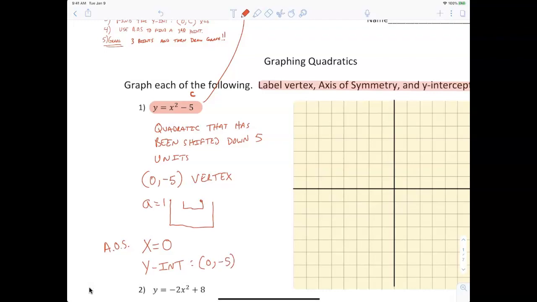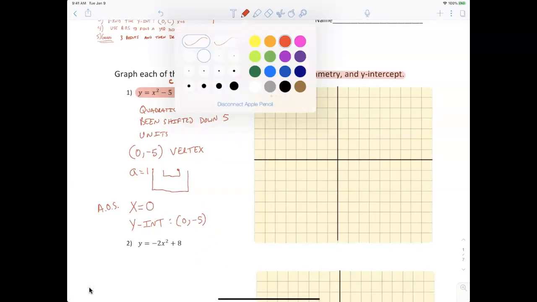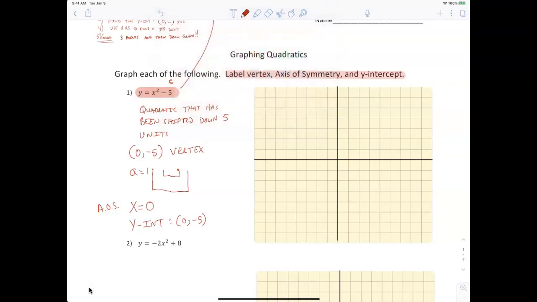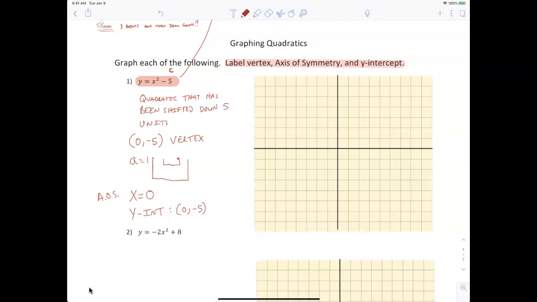So what I want to do is show you how we can graph this easily. This is really where I need you to concentrate and listen. First and foremost, we said that the graph is x squared shifted down 5. I'm going to put some points because I like showing you things.